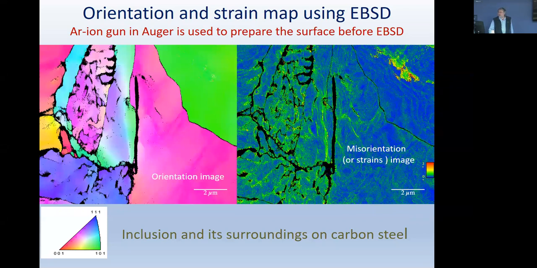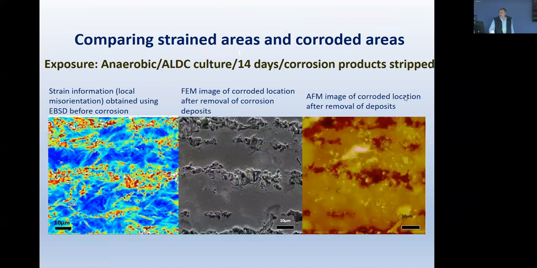Misorientation means the damage and the strain and anything that is not ideal. Apparently these areas are highly misoriented, and we found a correlation that materials start degrading from these areas, which are mapped here. So we can predict ahead of time without exposing this, and we can also tell the quality of the steel. Here is what we think it is.